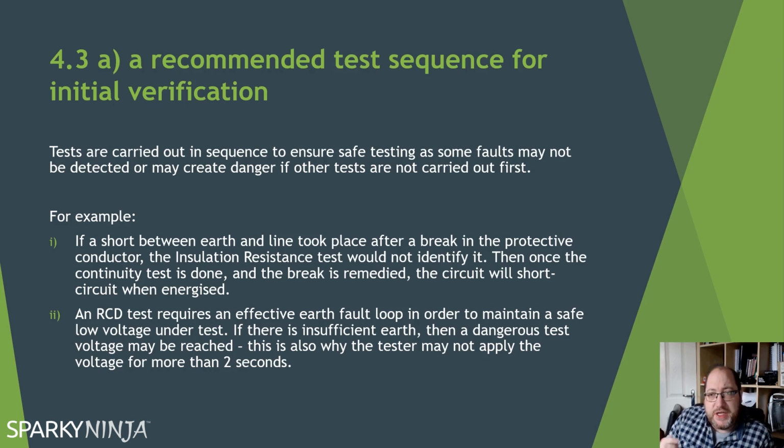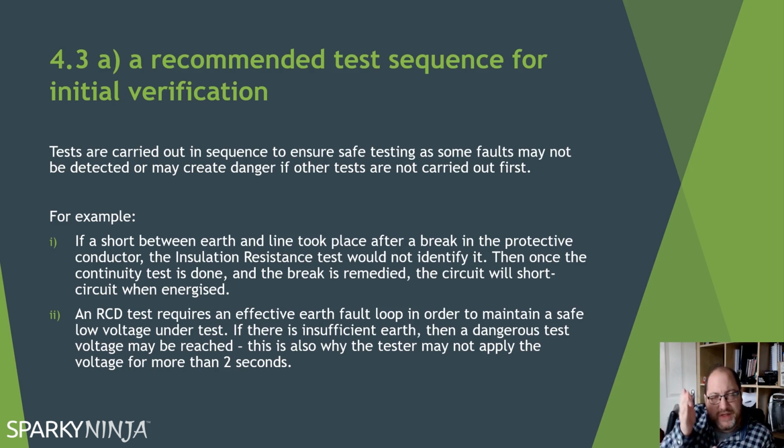Now if I was to do an insulation resistance test between line and earth on that circuit, I wouldn't detect that short because the protective conductor is broken, so the test isn't going to find that in the circuit. If I was to then, after the installation, do the protective conductor continuity test, I'll find the broken protective conductor, fine. I'll remedy it, but the idea of the sequence is I wouldn't go back to the beginning and redo all of the tests.